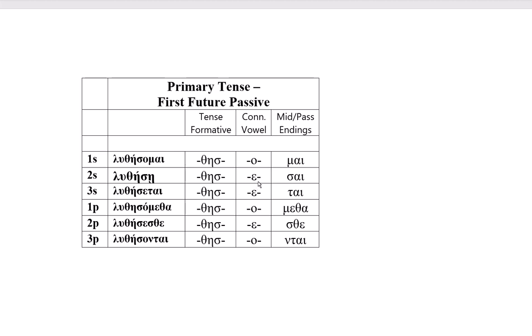Just as happens for the middle passives in the present tense, the ending for the second singular is an eta with an iota subscript due to the sigma dropping out and contraction. The rest of them are straightforward. We have luthesetai, luthesometha, luthesesthe, and luthesontai. So mostly pretty straightforward.